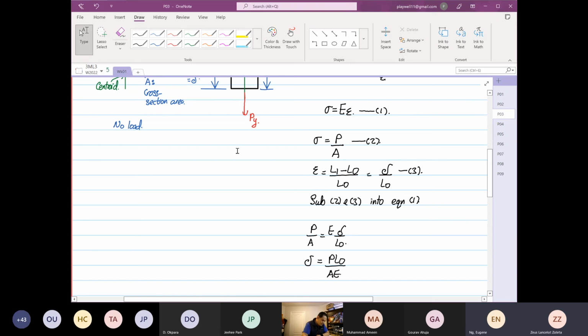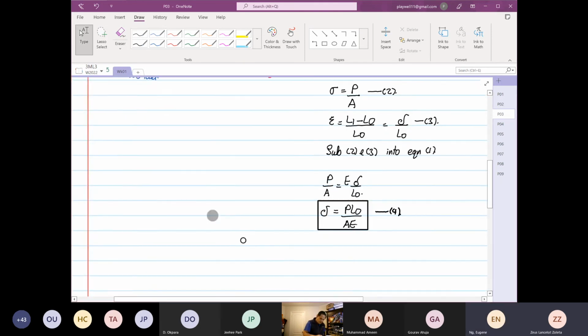Okay, so we have derived the expression now. Once we have derived the expression, okay, so I'm going to call this equation number 4.